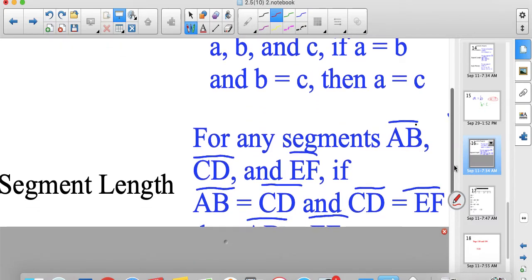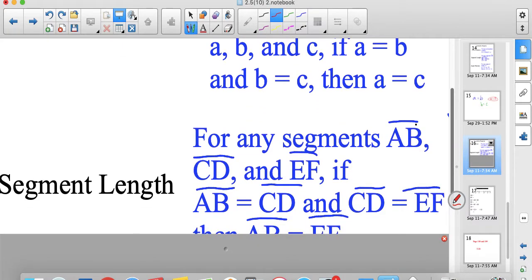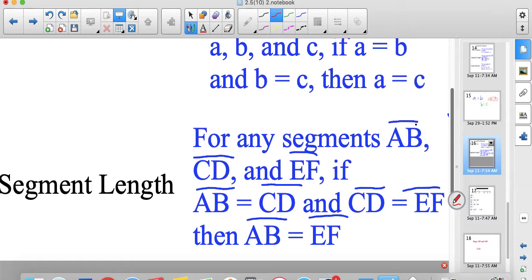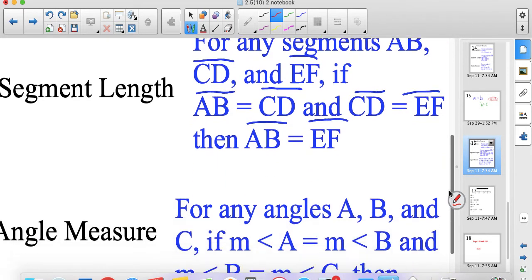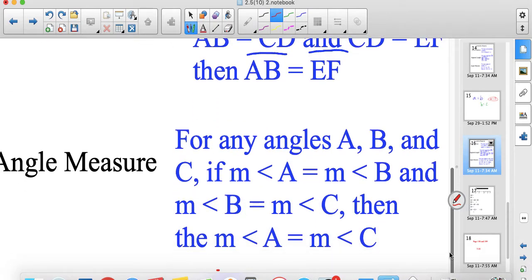If AB is equal to CD and CD is equal to EF, then AB is equal to EF. And finally, you can do it with angles. If angle A is equal to angle B and angle B is equal to angle C, then angle A is equal to angle C.